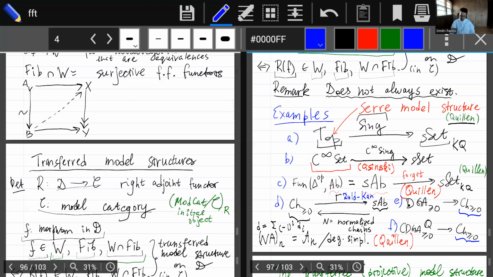And on the left, you have respectively monoid objects or commutative monoid objects in the category of chain complexes. And this was also, at least for the commutative case, originally observed by Quillen in connection with his work on rational homotopy theory.